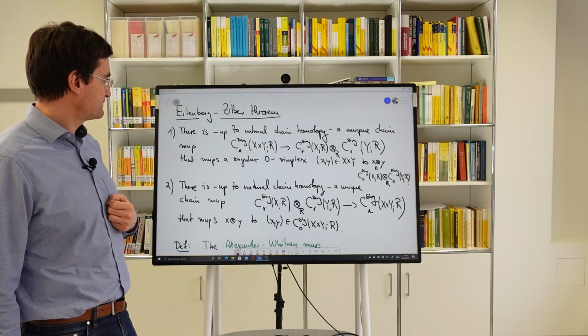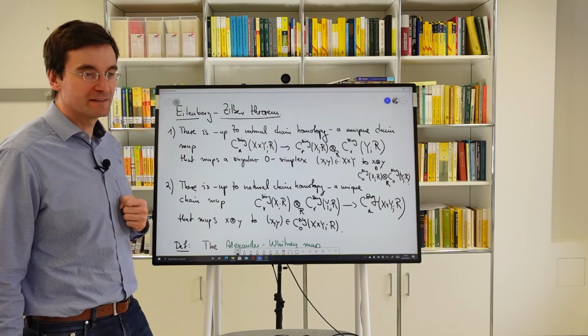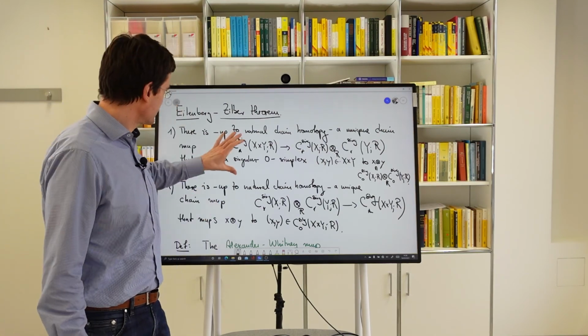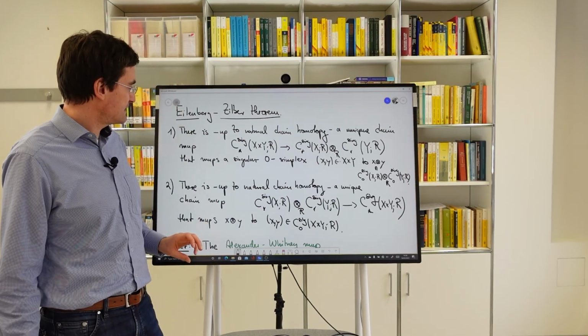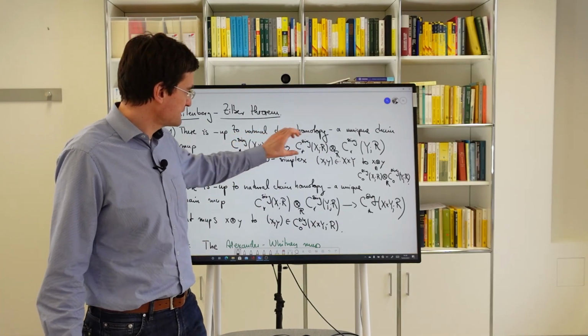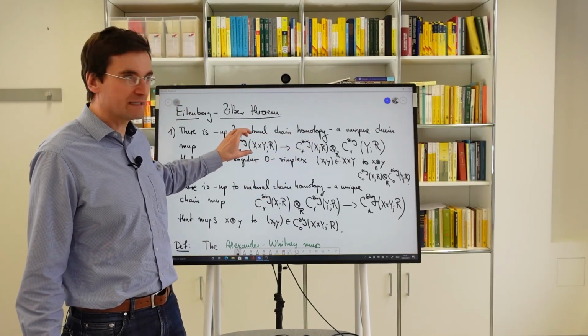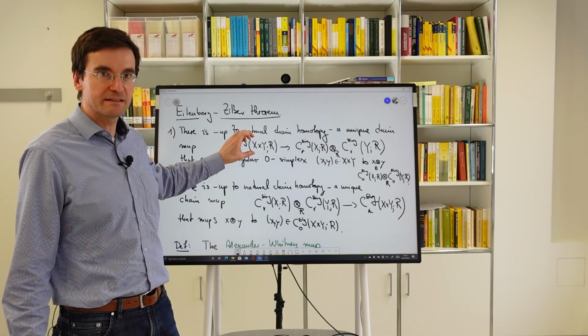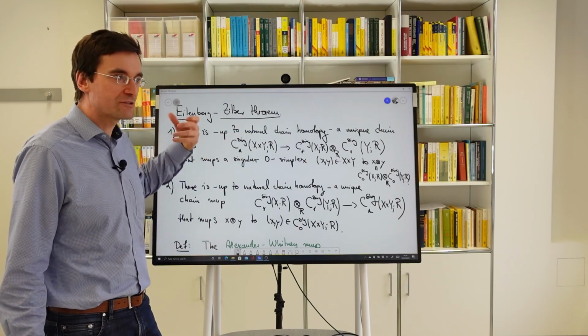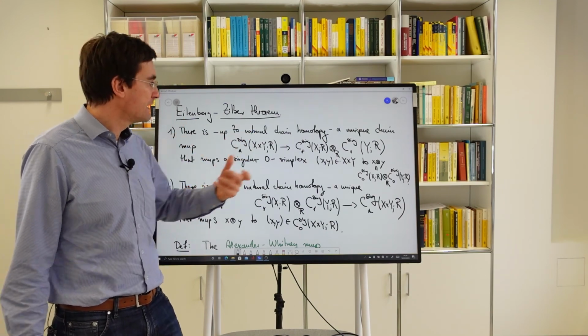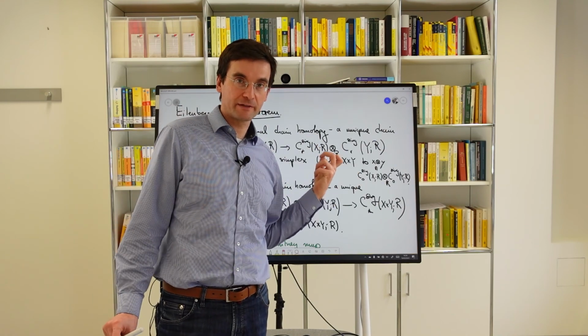Therefore, if you use this extra knowledge, which is not contained in the statement here, you see that if you compose these two maps, you get a self-map of this that is the identity on the zero simplices, and therefore it's naturally chain homotopic to the identity, and also in the other direction, vice versa.